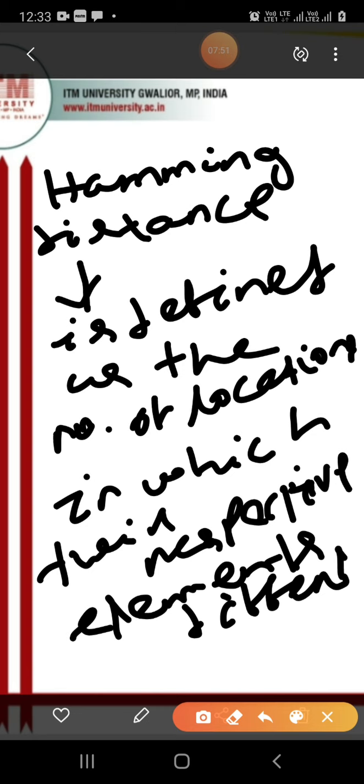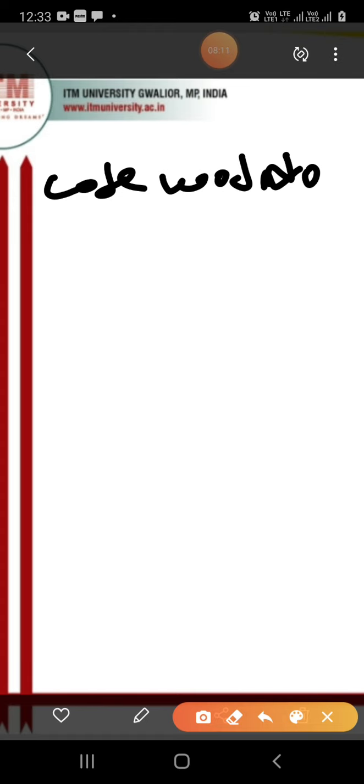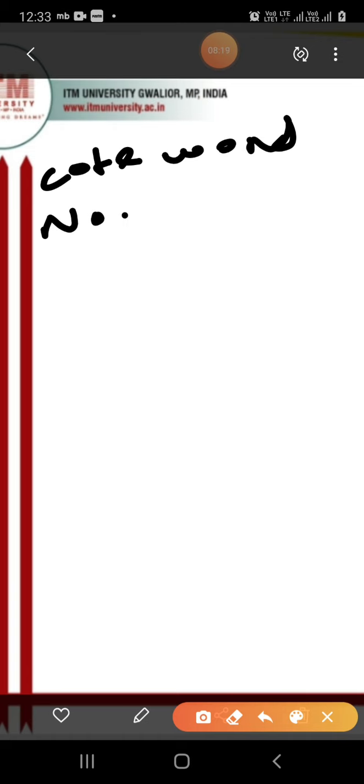So for example, to understand the Hamming distance, suppose code word number 1 is 1 1 0 1 0 1 0 0.